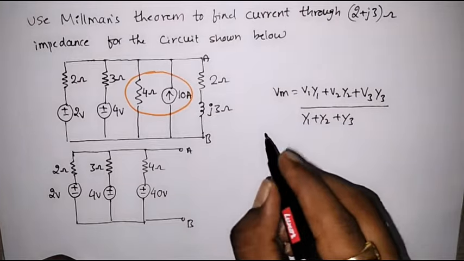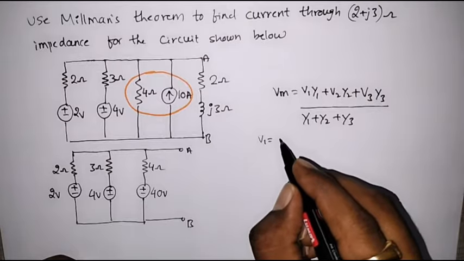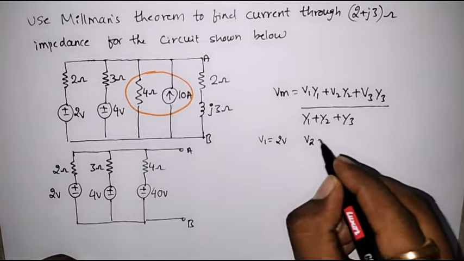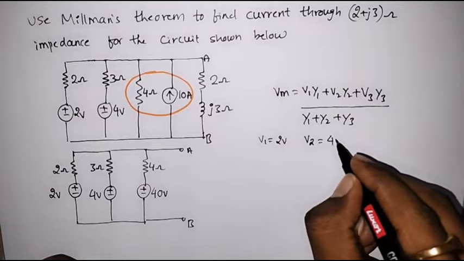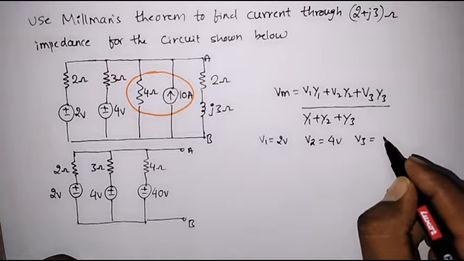Conductances are reciprocals of resistances. So we'll write here V1 is equal to, that is the voltage connected to the first branch, 2 volt. V2 is 4 volt and V3 is 40 volt.